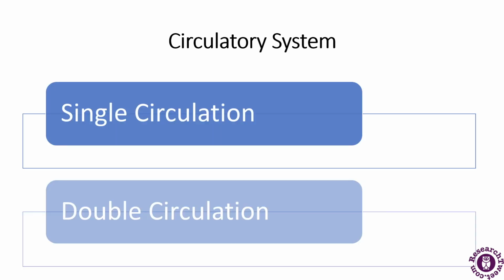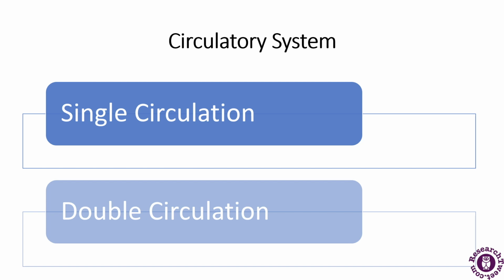Next is the types of circulatory system. There are two types. First, I will talk about single circulation, and next is double circulation. In single circulation, the blood passes from the heart to the gills.